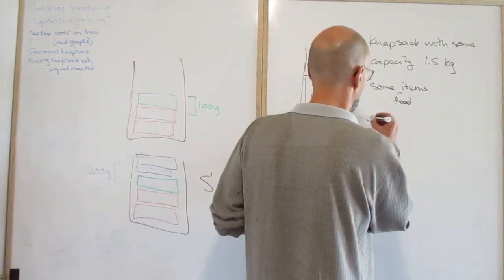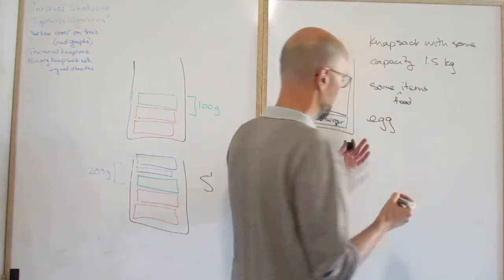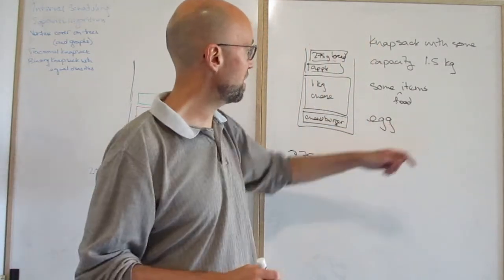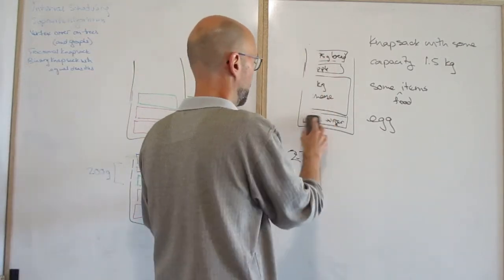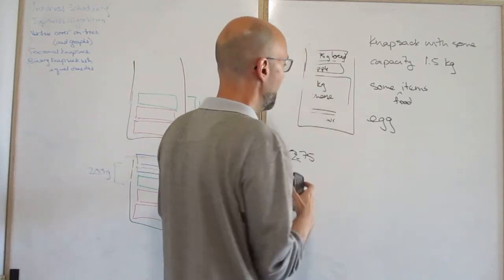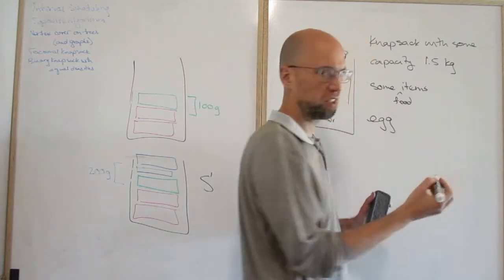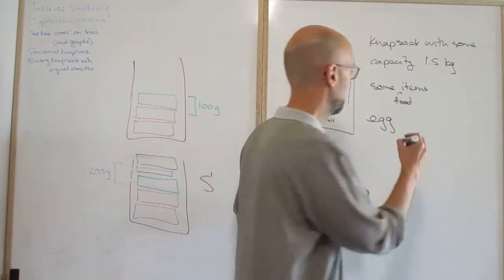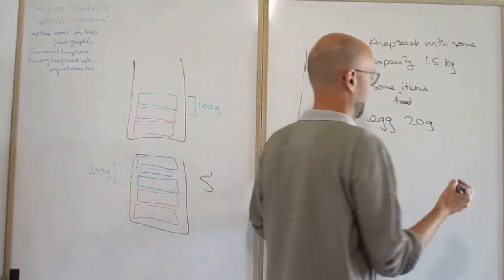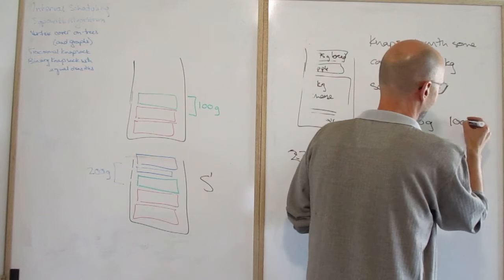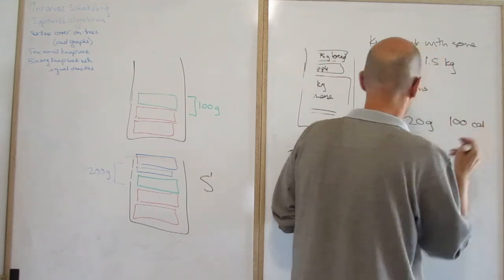You cannot cut an egg, an uncooked egg. So maybe an egg is the calorically densest thing. So an egg is, what, like 20 grams? And it's, I don't know how many calories, 100 calories.